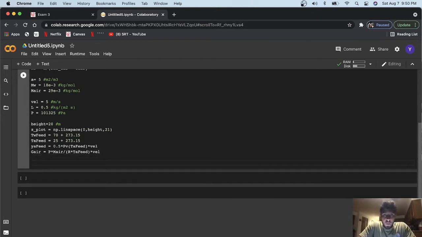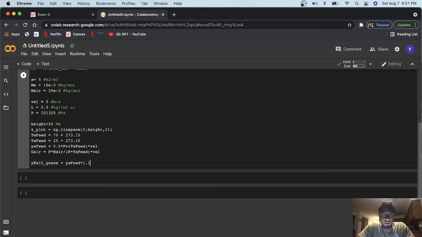We also are going to need to make some initial guesses for the mole fraction and the temperature of the gas exiting. So we're going to write y exit guess, and that is going to be the mole fraction of the feed multiplied by 1.1.